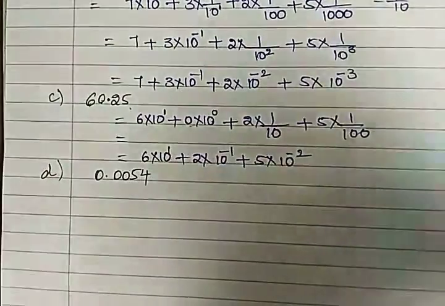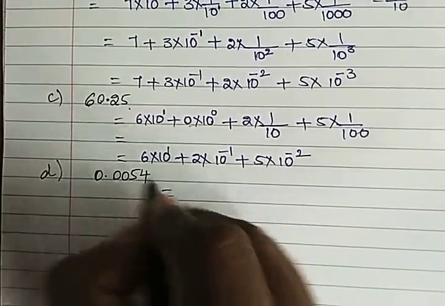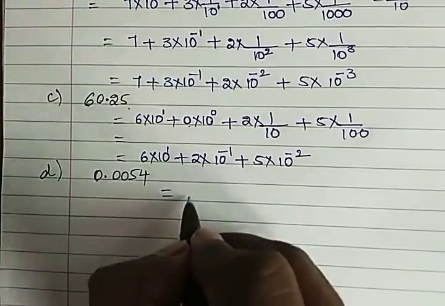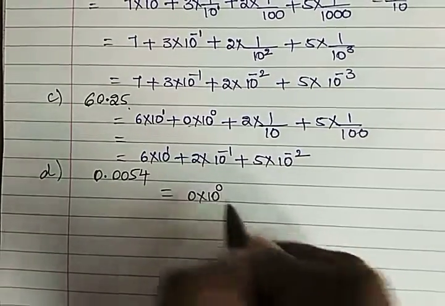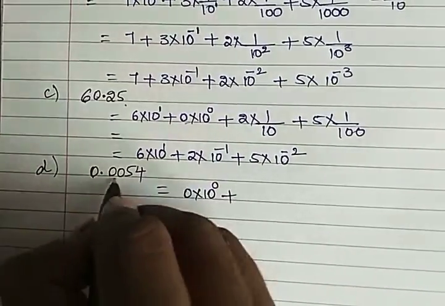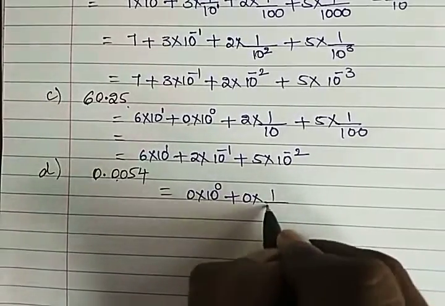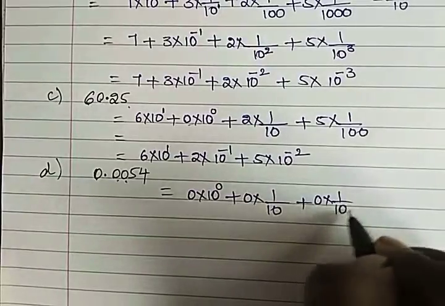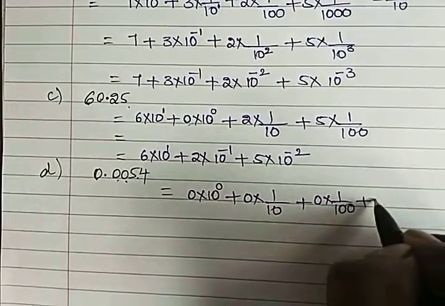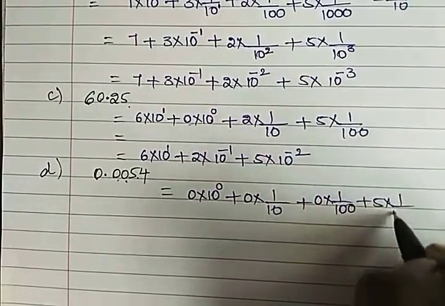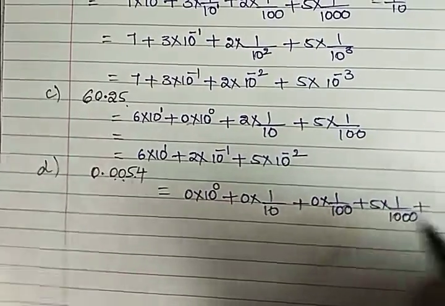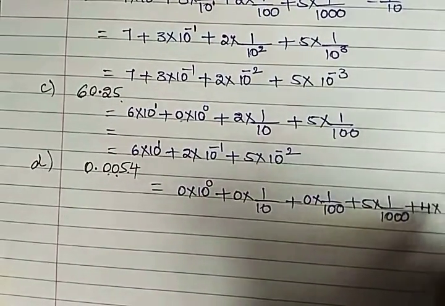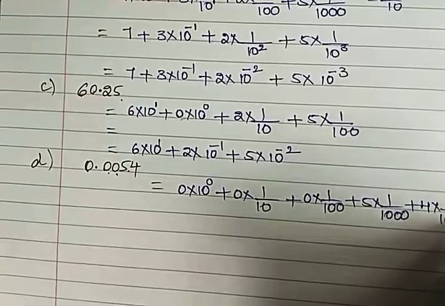0.0054. For this, the answer can be written as, in ones place 0 is there, so 0 into 10 power 0, plus here 0 into 1 upon 10, plus again 0 into 1 upon 100, plus 5 into 1 upon 1000, plus 4 into 1 upon 10,000.